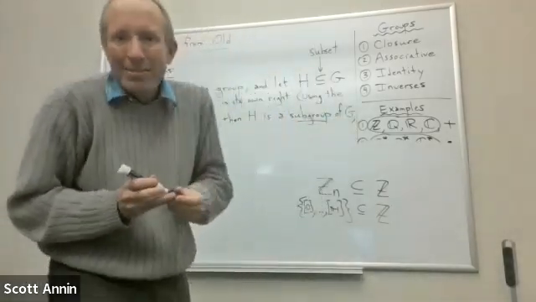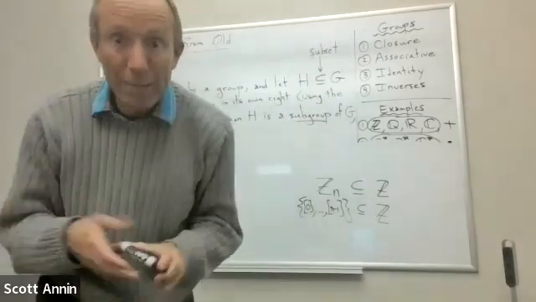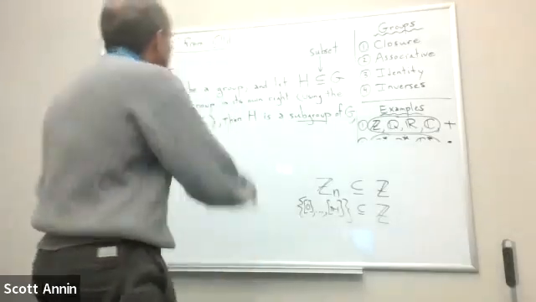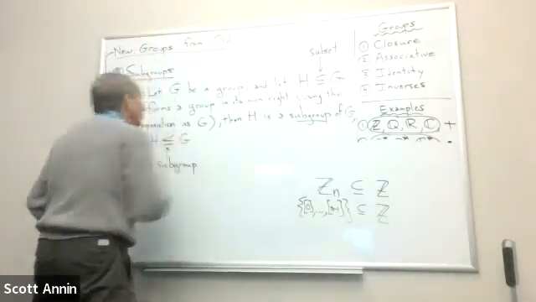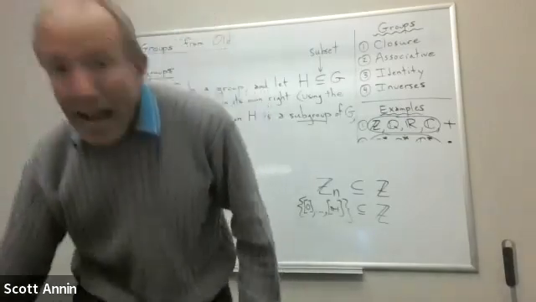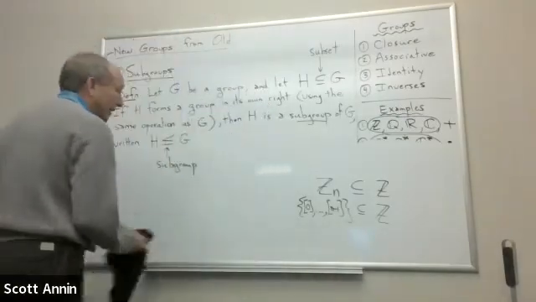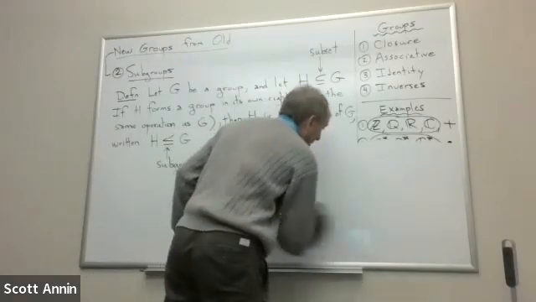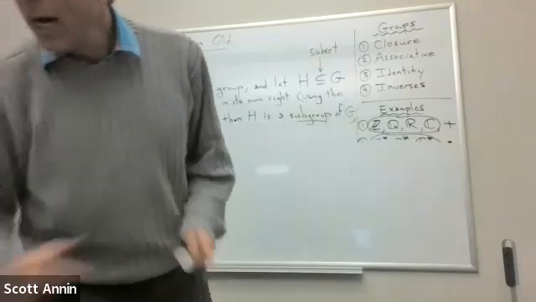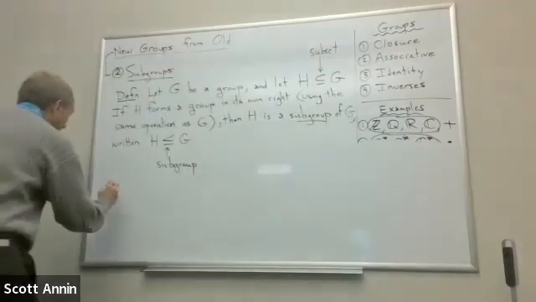A subset isn't really much of anything from an algebraic point of view. We don't care that much about it. The question is, does it form a group in its own right with the same operation as G? Then if it does, now we have an algebraic interest in it. It's actually a subgroup in that case. Okay. Let me write down a couple of examples.